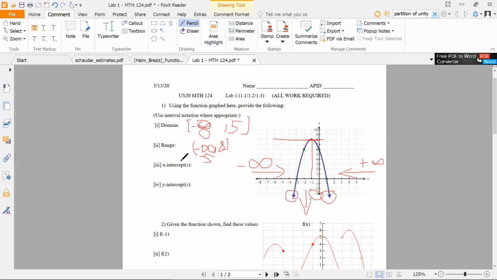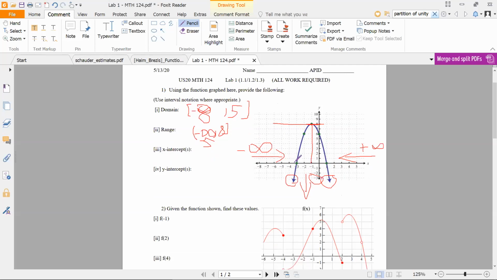So next we need to find the x-intercepts. What do we mean by x-intercepts and y-intercepts? An x-intercept means that the graph intersects with the x-axis. Looking at the graph directly, you can see that the intersect points are this point and this point.